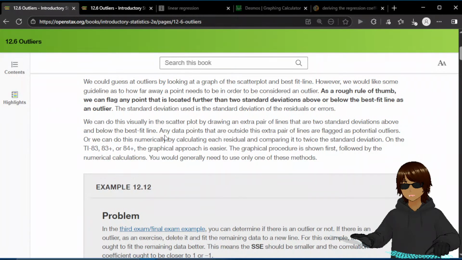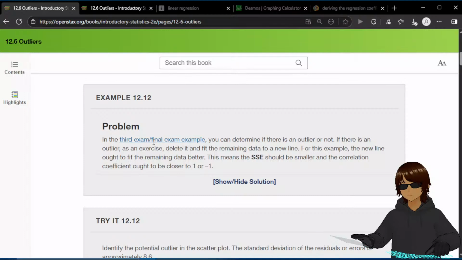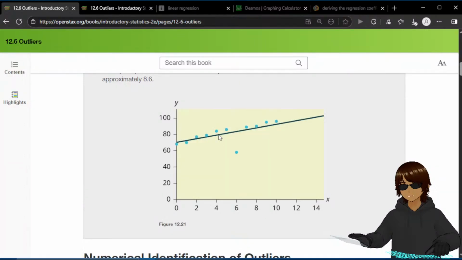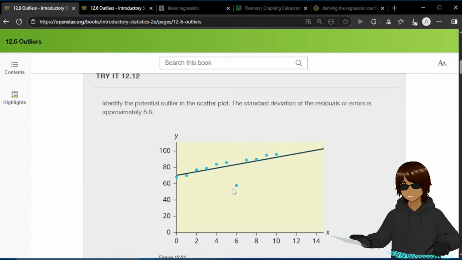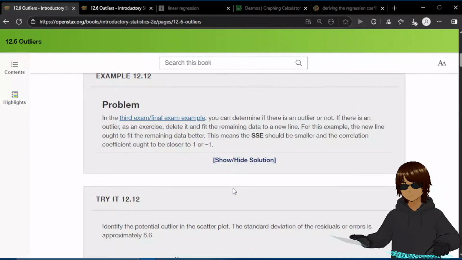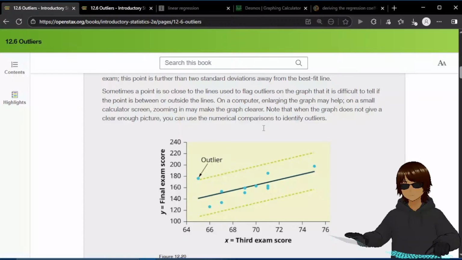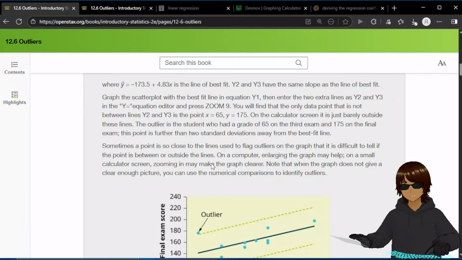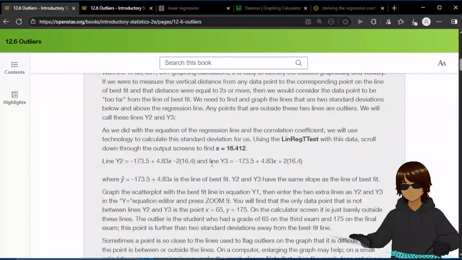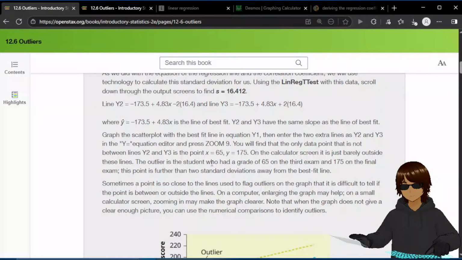Any data point that is outside of this extra pair of lines is flagged as a potential outlier. So this here is an outlier. There is one.